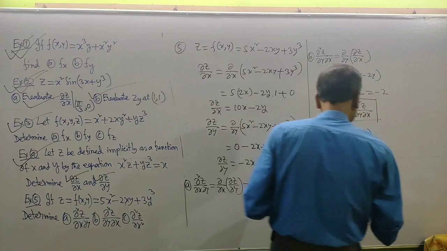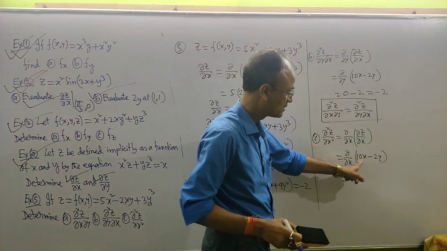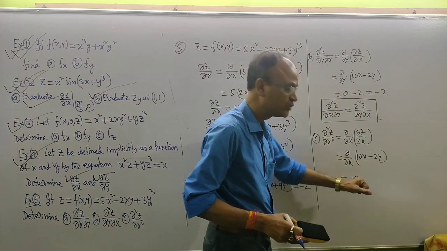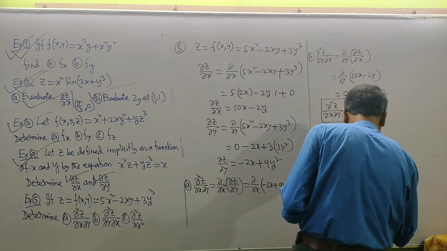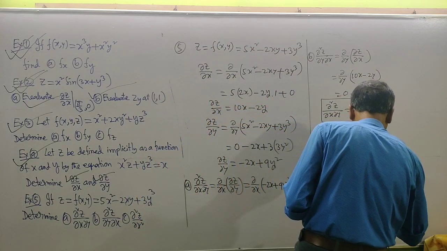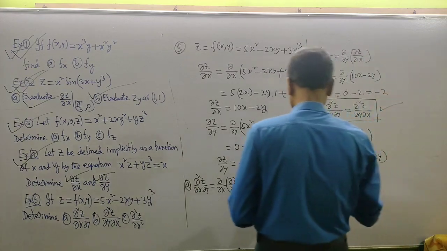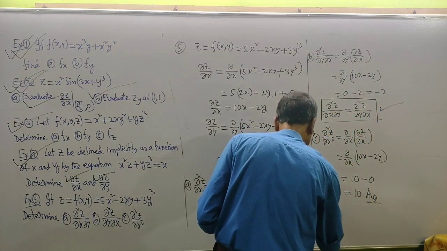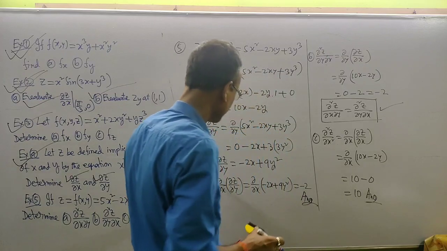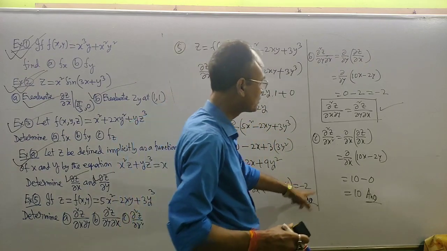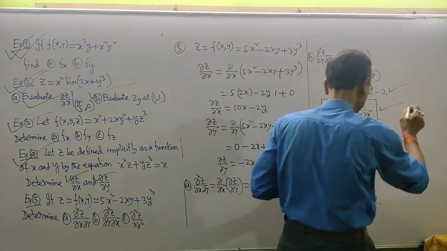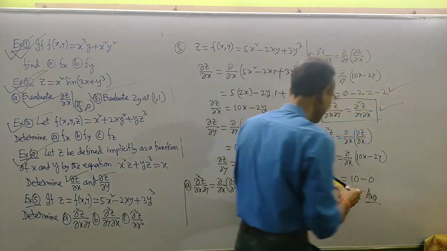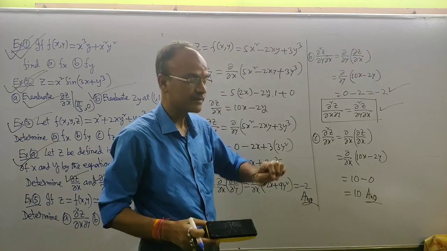This is equal to 10, because twice y is constant, so its derivative is 0, minus 0. This is equal to 10. So del 2z by del x del y equals minus 2, del 2z by del y del x is also minus 2, and del 2z by del x square equals 10.